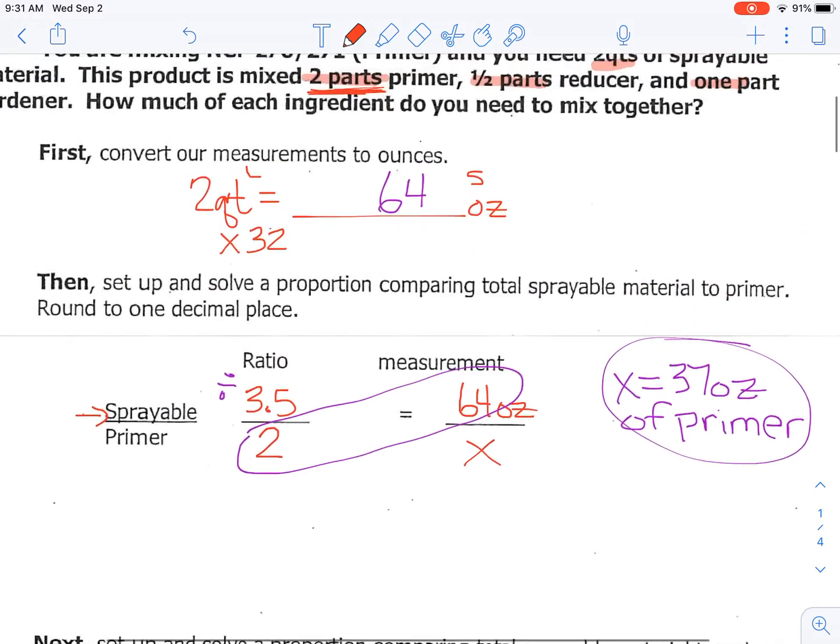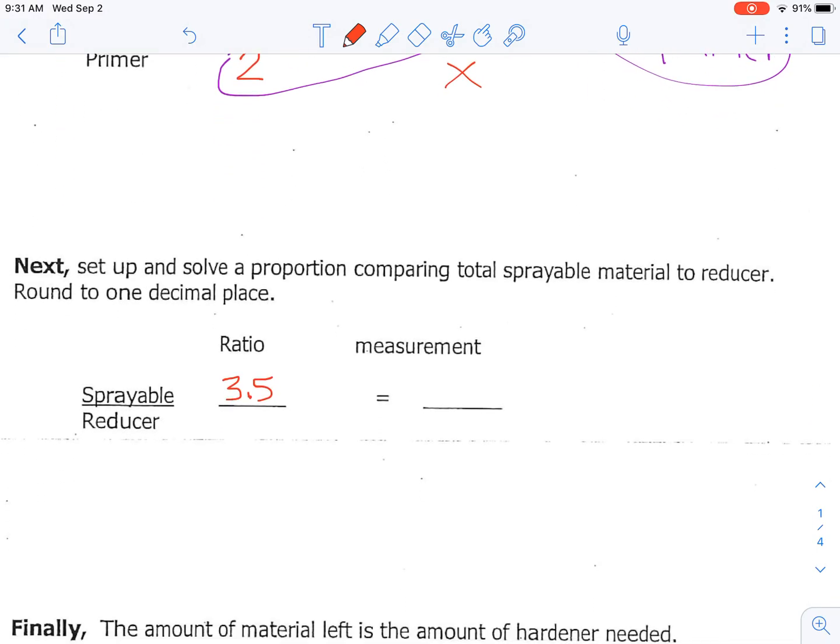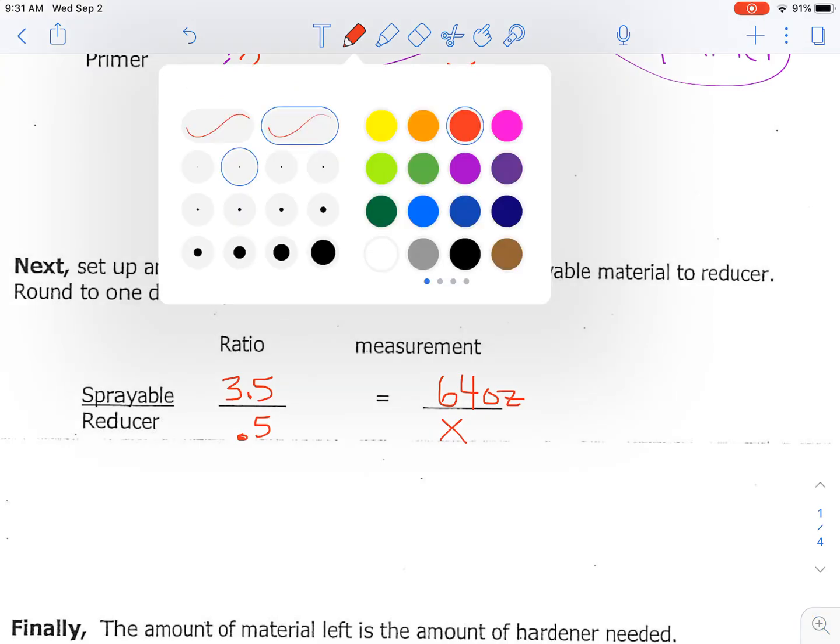How many of those parts are just reducer? It's a half. So we put 0.5. And we know that we still need a total of 64 sprayable ounces, but we don't know how many of those are going to be reducer. So we're going to put an X there.